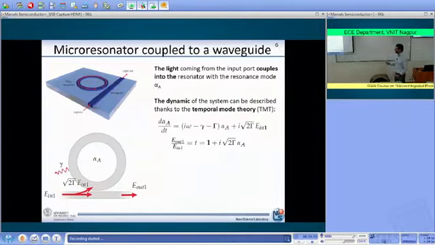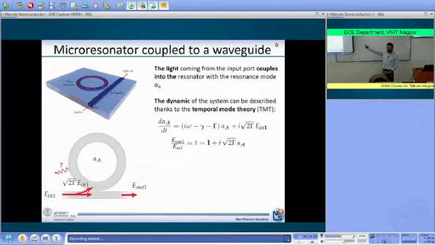And here you have several contributions. The first one, an imaginary contribution, is the frequency, omega, at which a standing wave is evolving inside the microring resonator. The reason why this is the frequency is because here you have I, the imaginary part.